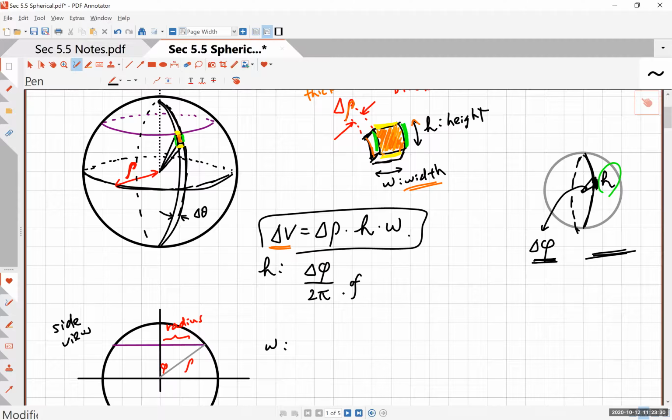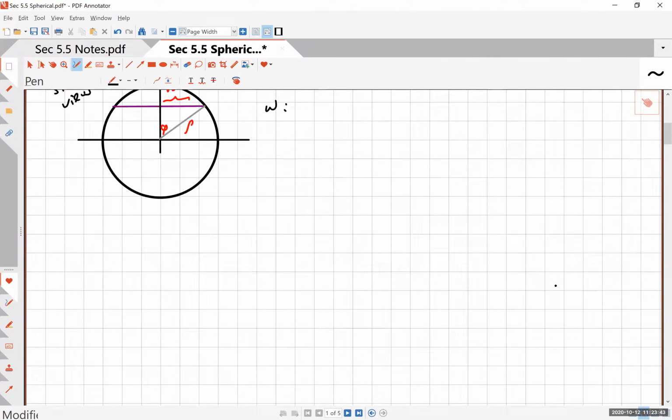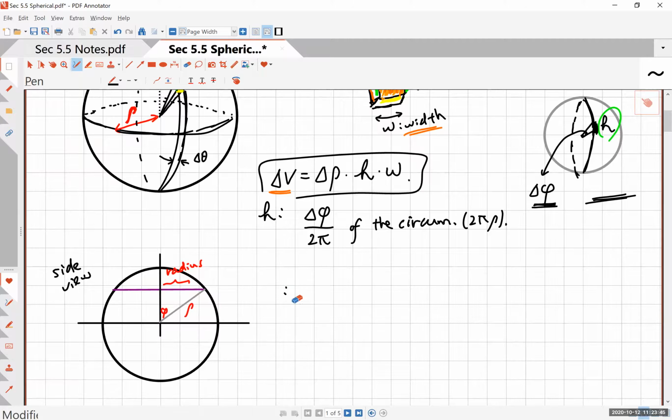So it's this much of the circumference. I think that's pretty easy. What is the circumference again? Well, we know that the circumference is 2 pi rho. So all you really have to do to find h is: h is equal to delta phi divided by 2 pi times the circumference of 2 pi rho.